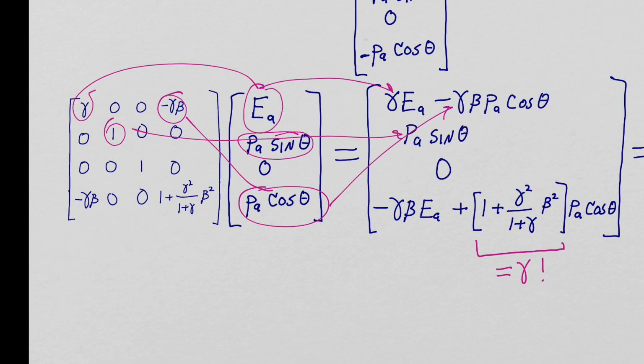Of course, that's the piece of the momentum that's perpendicular to the motion of the boost, so it's not changed. And then it's EA times minus gamma beta, that lands here, and 1 plus gamma squared over 1 plus gamma times beta squared times PA cosine theta, which lands over here.